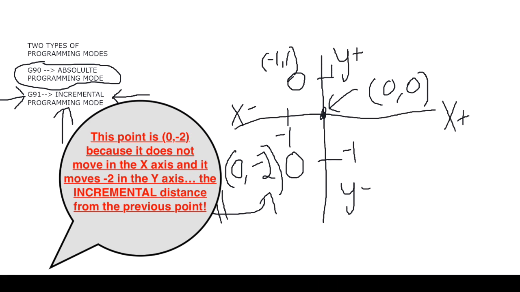A little bit of a difference, right? And we try to stick with G90. It saves a lot of confusion and a lot of mistakes from happening, and collisions, because you're working off a fixed 0, 0 point, and it's much easier to work off a 0, 0 and program your points than to calculate the distances between points.